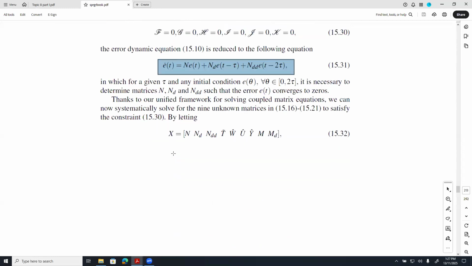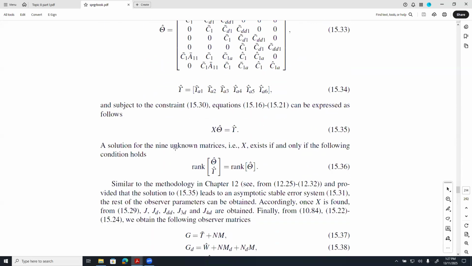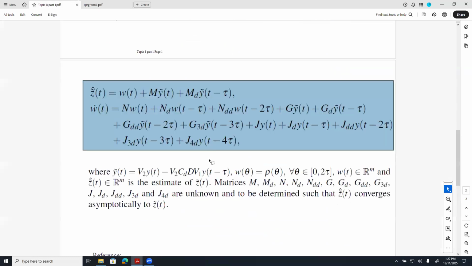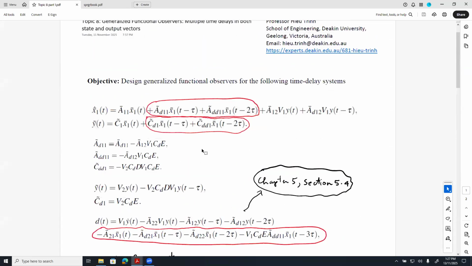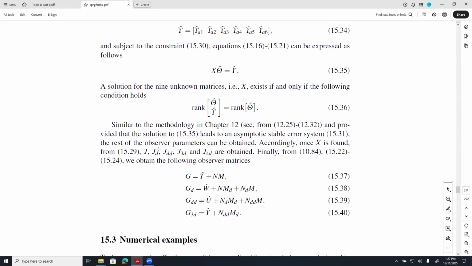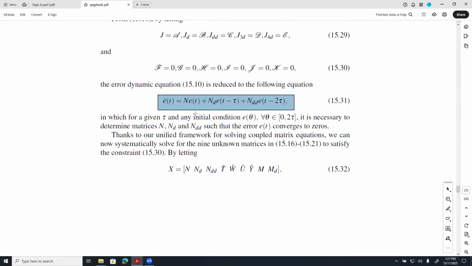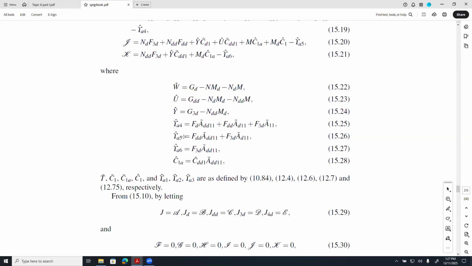And that's basically the entire approach for this particular observer design for functionals, which are basically in this form here, okay? And along the way, once we achieve the asymptotic stability of this error dynamic equation, of course, the rest of the observer parameters can be obtained.